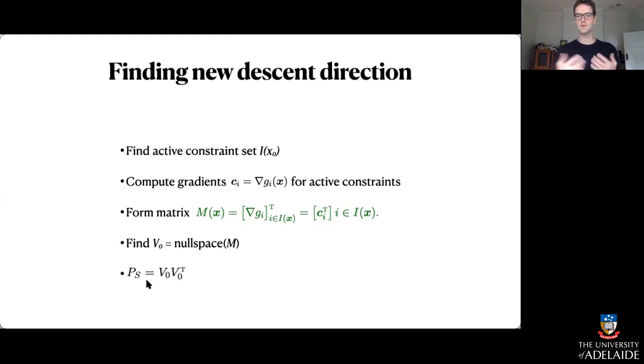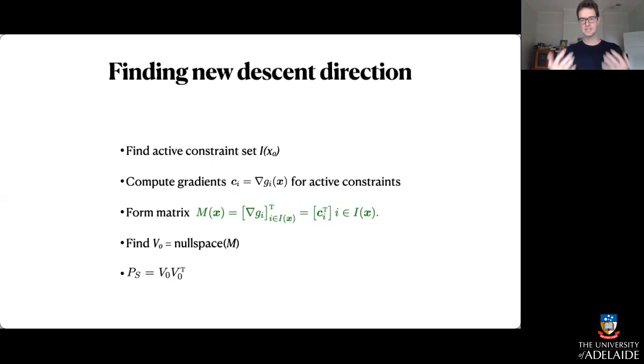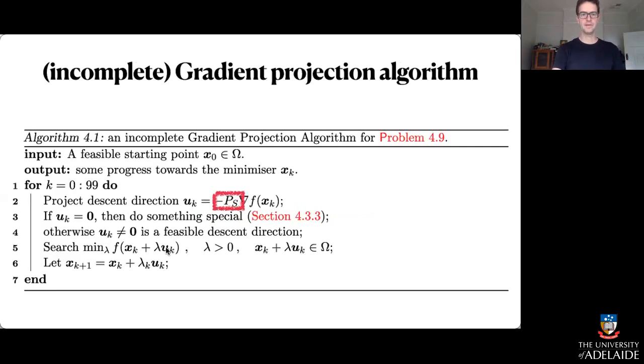That's how we find the null space, and how we find this projection matrix. For the linear algebra behind it, you can go back and read the section on orthogonal projections, but that's a summary of the few theorems that stack together to find these orthogonal projections for us. Once we have that, it's a few steps to calculate PS, and we can calculate these descent directions. And then around we go.